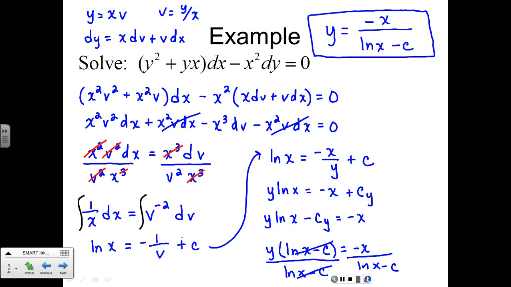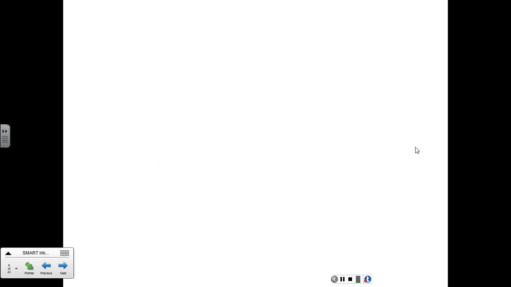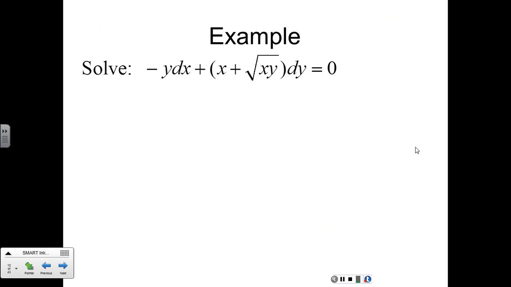Let's do a hard one. A sure enough hard one. Again, we're going to make our substitutions. For every y, we're going to put in an x times v, dy, x dv plus v dx. So let's see what we got here.